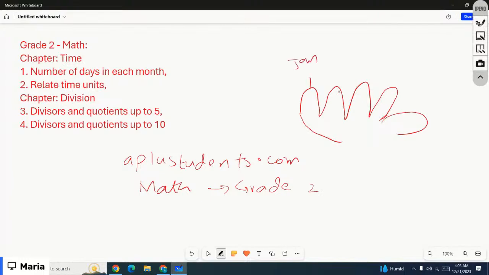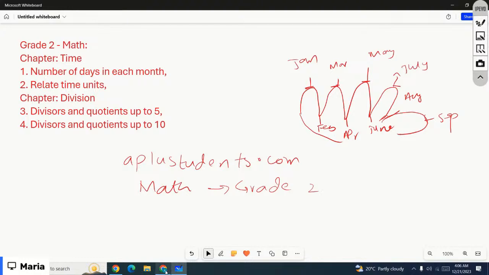Here is January, here is February, then March, April, May, June, July, August. Then you have September. The months that are here have 31 days, and the rest of them have 30.